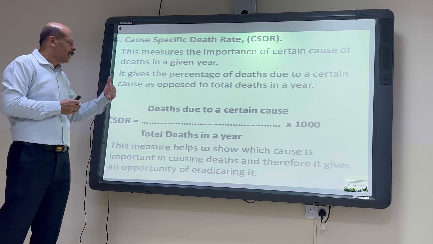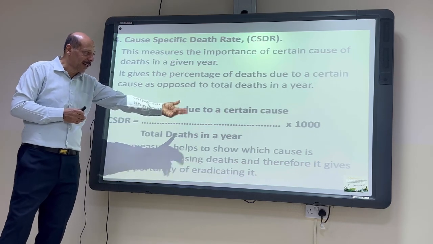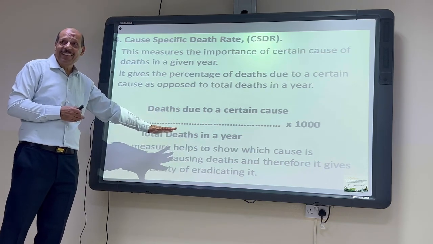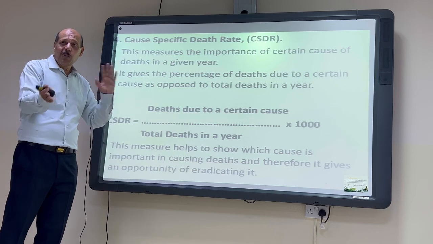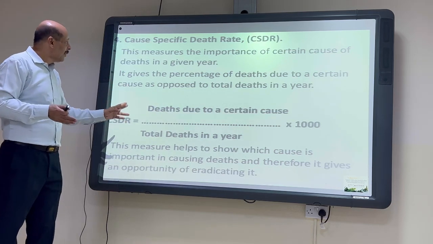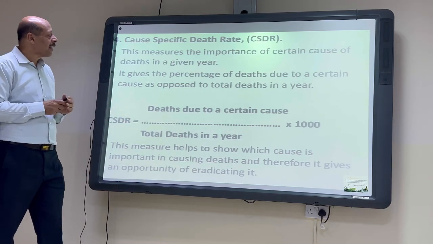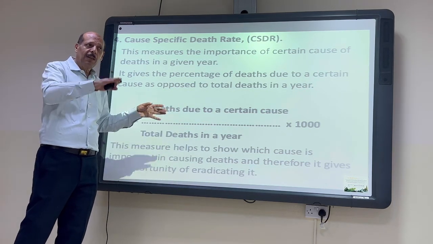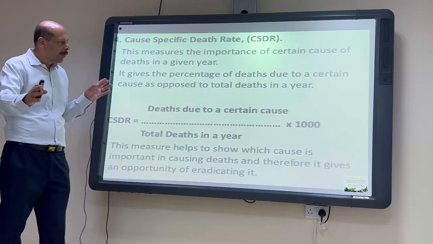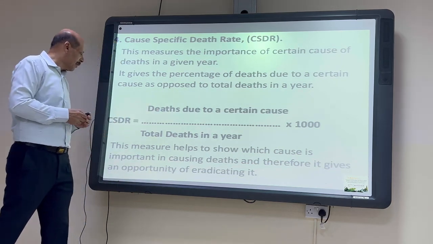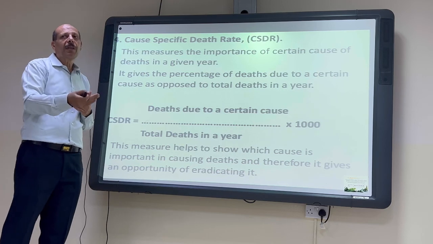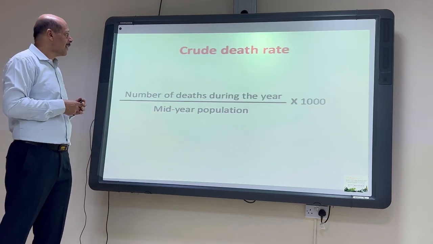They are taking the number of deaths due to a certain cause or disease in relation to the total deaths of the year. So the cause-specific death rate is the deaths due to a certain cause divided by the total number of deaths multiplied by 1,000. So it will give the rate for deaths of that specific disease.